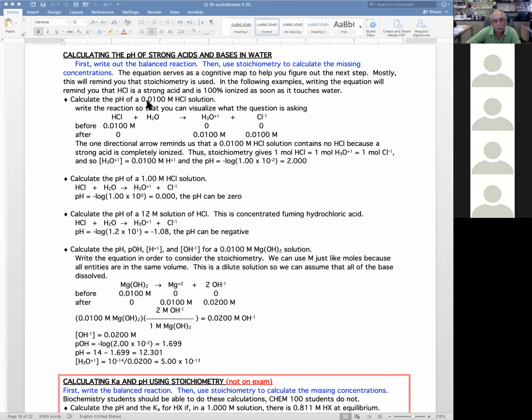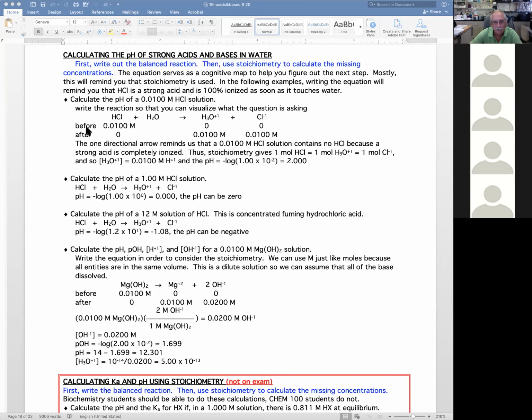So calculate the pH of a 0.01 molar solution of HCl. I almost guarantee you that if you took that to a graduate student in chemistry or some tutor, they really wouldn't know what to do. But if you write the equation out, you're going to see, oh, HCl, that's a strong acid. That's a one-directional arrow.